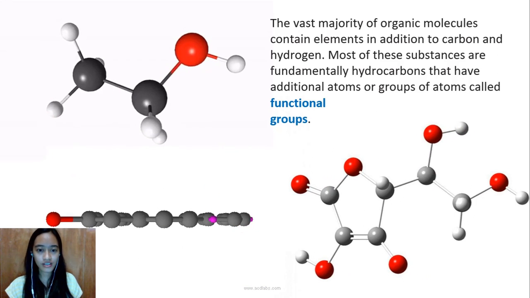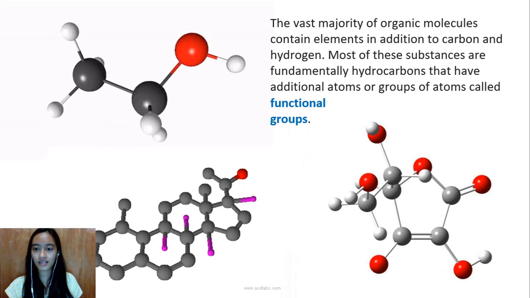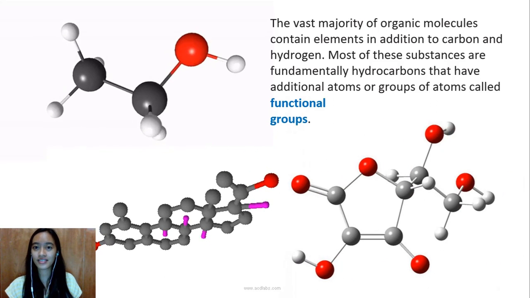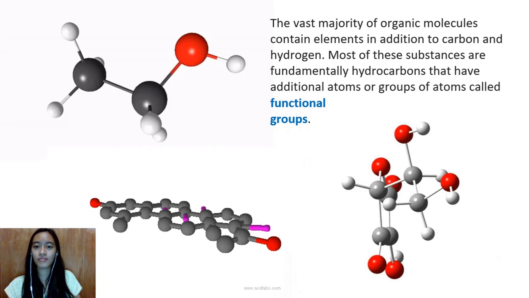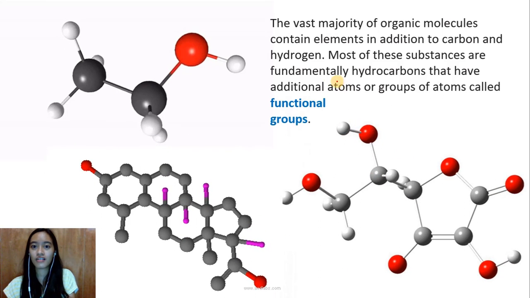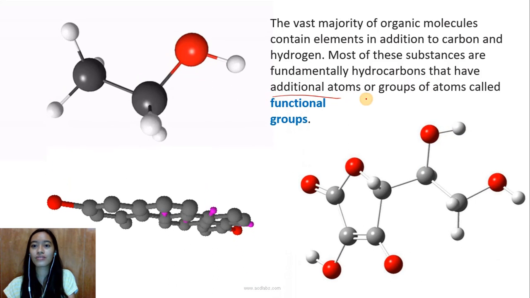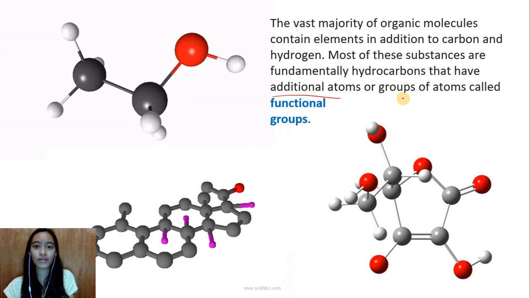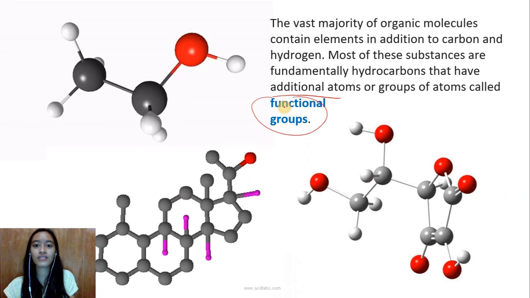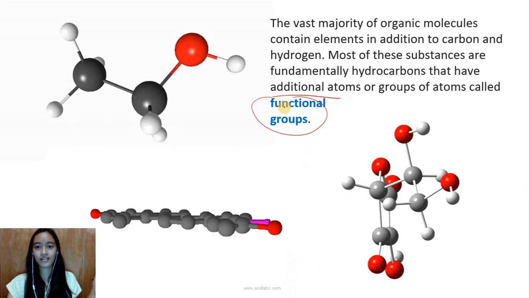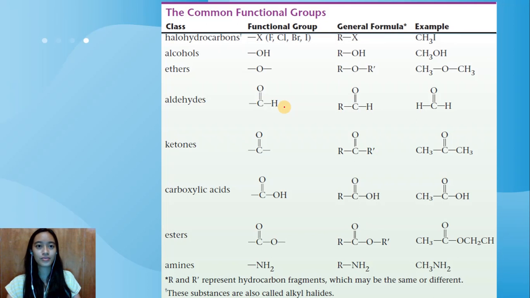So it's not just the repeating structures of carbon and hydrogen. We also have other elements, and some of them come in groups. So most of these substances are fundamentally hydrocarbons that have additional atoms or groups of atoms called functional groups.